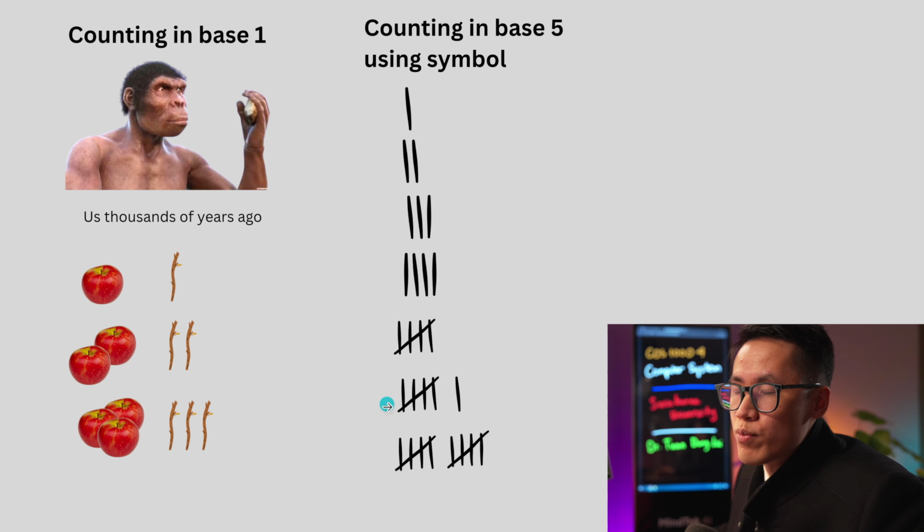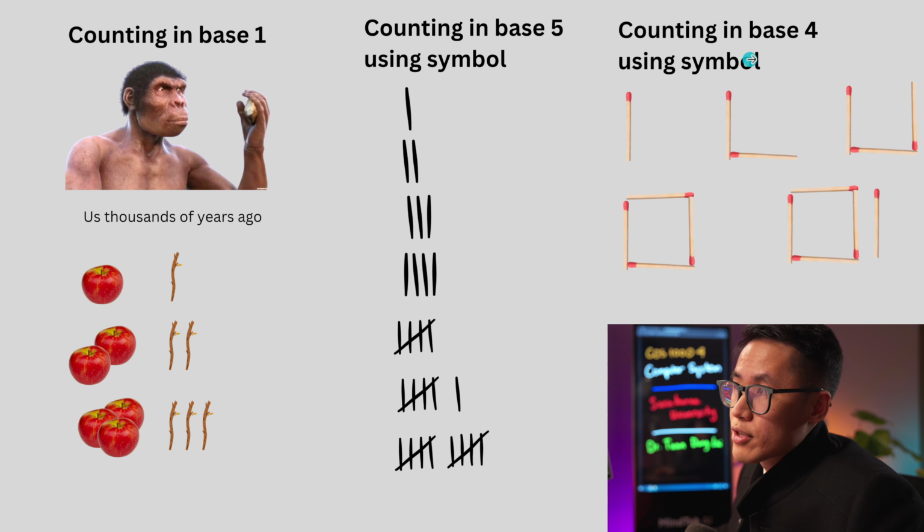And this would be 6. How many objects are there? It will be 5 plus 5, because this symbol represents 5 objects, and this symbol also represents 5 objects. So this whole symbol will represent 10 objects.